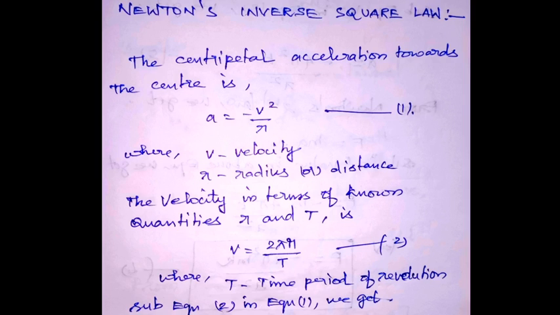Then if the velocity is expressed in terms of R and T, V is expressed as 2 pi R divided by T. This is equation number 2, where T is the time period of the point mass and 2 pi R represents the circumference of the orbit. Now substitute this V value in equation number 1.